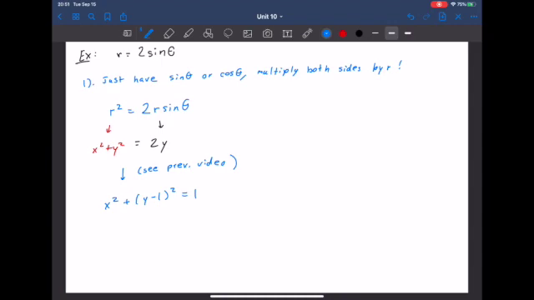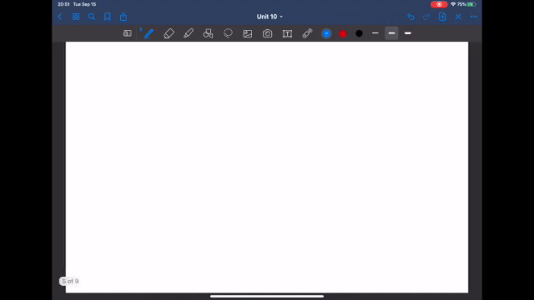All right, let's do a few more examples. r equals -2. All right. When you have r equals -2, I do not recommend multiplying both sides by r, okay? We don't have a nice equation for 2r. I have no idea what that would represent.